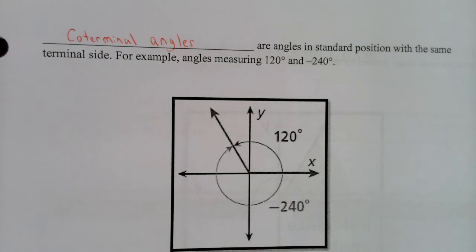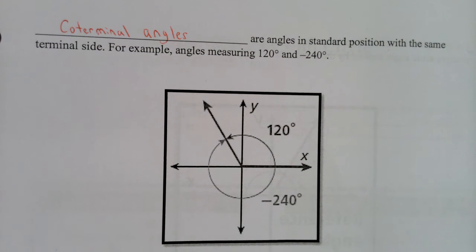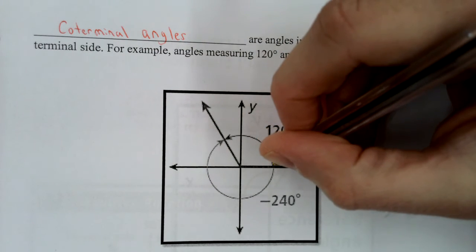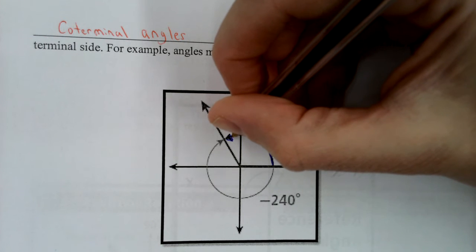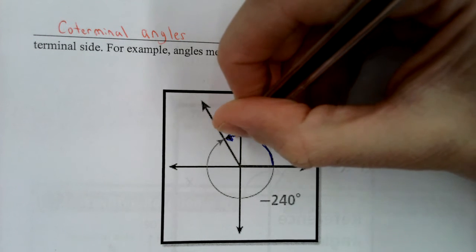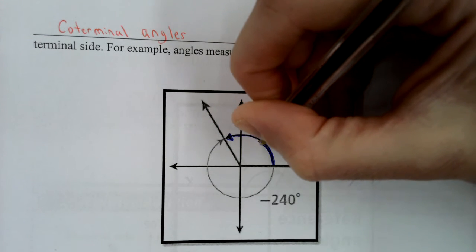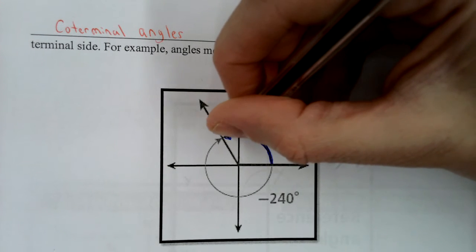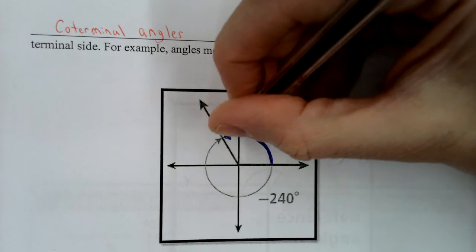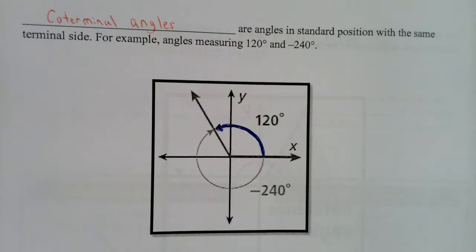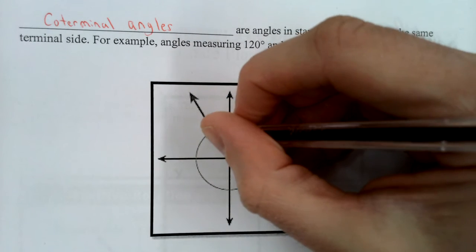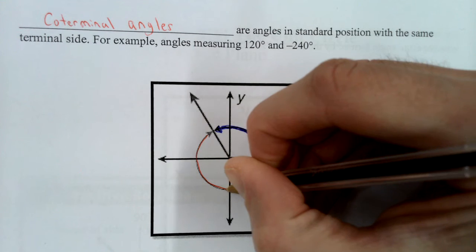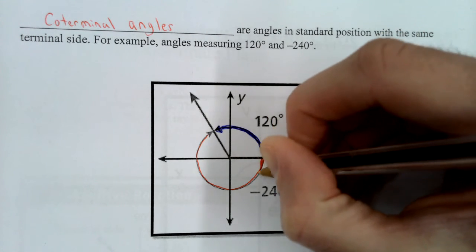Okay. So for example, let's say we have a 120-degree angle. Okay, so let me draw that arrow in blue so you can see it better. Look at that 120-degree angle. And then look at a negative 240-degree angle. I'll do that one in red so you can see it a little better.